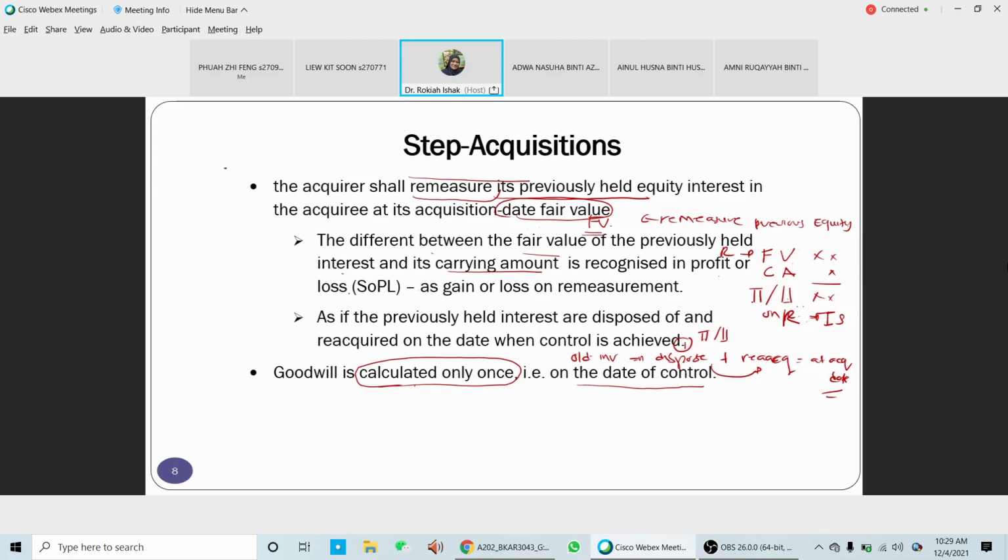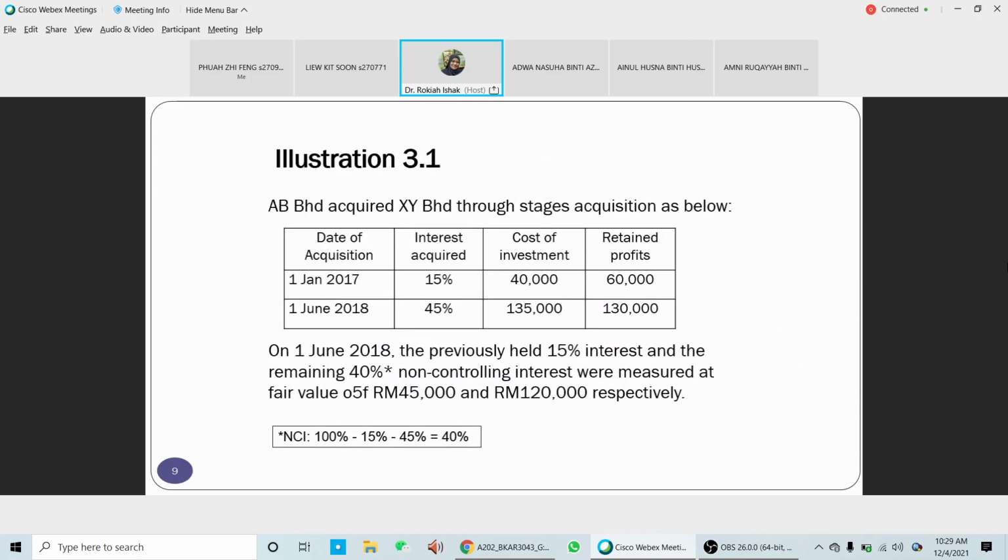We try to look at this example. On 1st of January 2017, you have 15%, so there is no control yet. The cost of investment is 40, which is the CA. The return profit of XY here is 60,000.